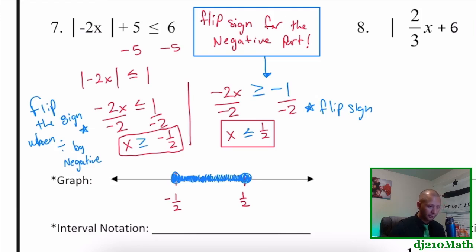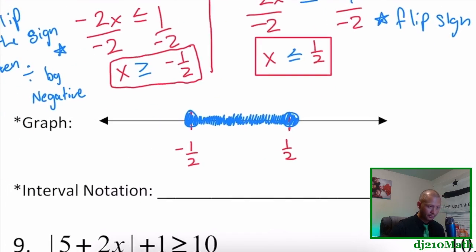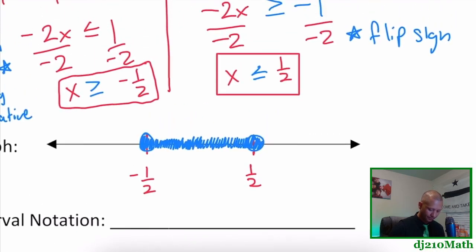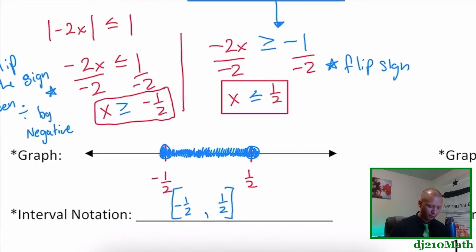So the interval notation for this is going to be, negative 1/2, you just grab the numbers. Just grab the numbers. And because it's closed circles, it's brackets. There's the graph, the interval, and the inequality. Technically, the inequality would be one piece, but I'm not too worried about that.